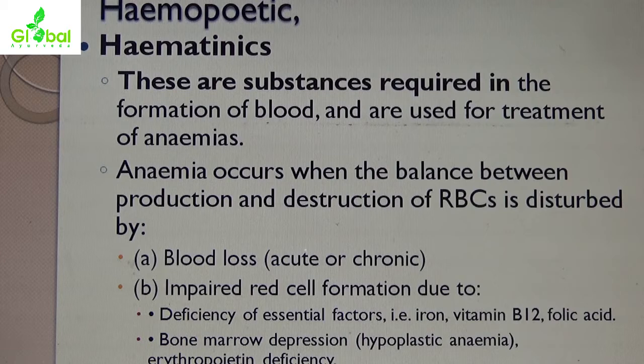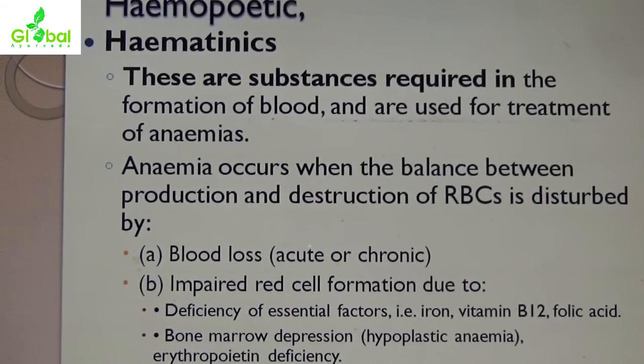Generally, when the anemias are due to destruction of RBCs, or when RBC production is lessened, blood loss is very acute or in chronic stage through piles, fissures or internal ulcers, or due to vomiting of blood, then impaired red cell formation due to deficiency of iron, vitamin B12, folic acid, or bone marrow depression that happens in aplastic anemia, then erythropoietin deficiency.